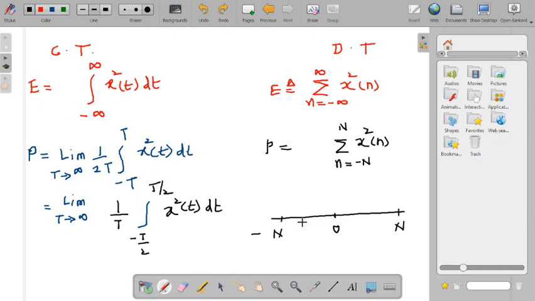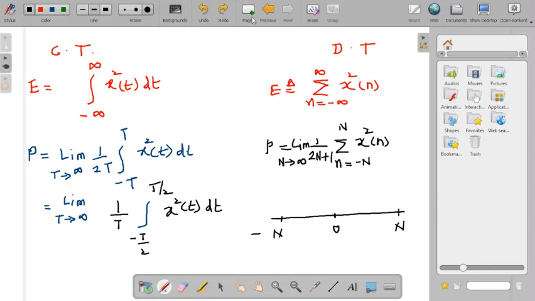So the length of this entire span will be 2N plus this 0th sample, which is nothing but 2N plus 1. Therefore we divide this by the base 2N plus 1, and we take a limiting case, limit capital N tending to infinity. With the help of this equation, we are able to calculate the power of a signal.